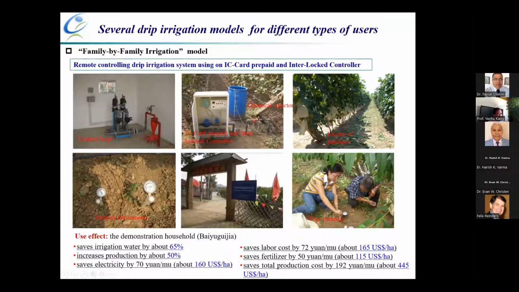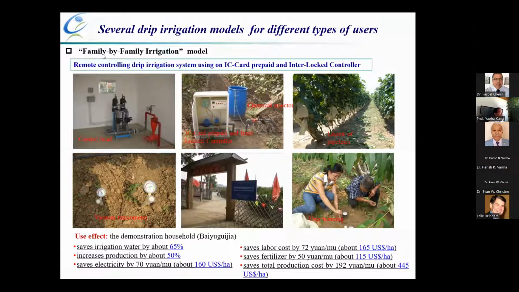This means when you use micro-irrigation, besides the increased yield, they can get much benefit, and they can reduce the production cost.